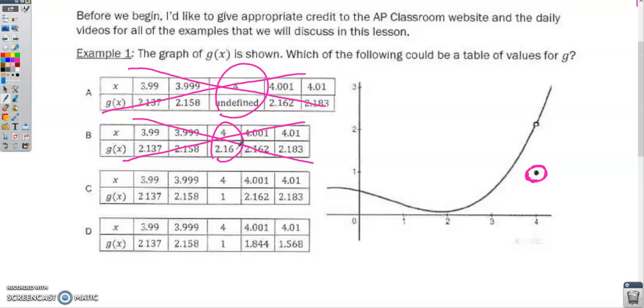The one other thing I can see from this graph very easily is that as I'm approaching 4 from the left, and as I'm approaching 4 from the right, those values are approaching 2 and change, which both of the tables appear to be doing. But the function is increasing as we move from left to right through the point where x is equal to 4. So the values in our table need to increase as we move from left to right, and that tells us our answer choice here is going to be C.